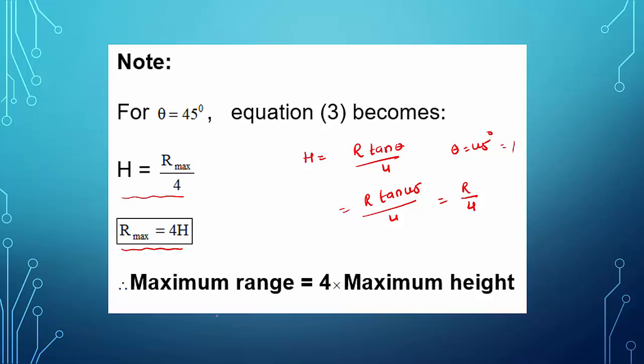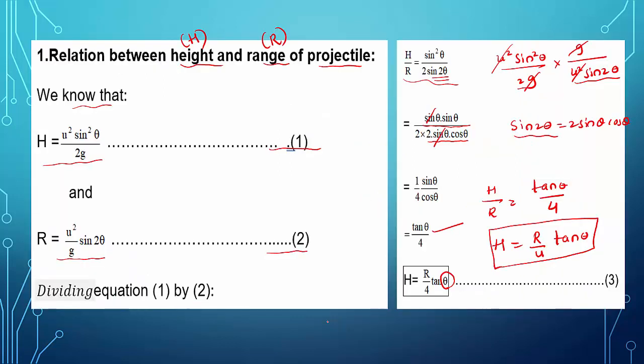So we can write maximum range is equal to 4 times of maximum height. This is the relation between maximum height and horizontal range, right?